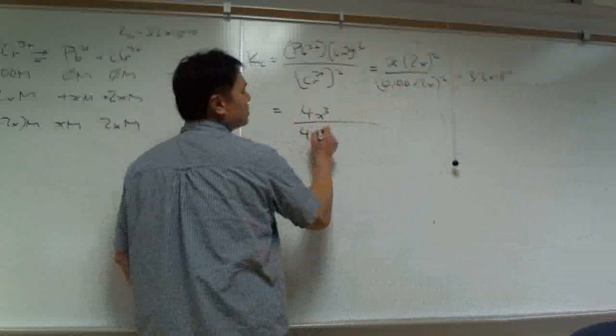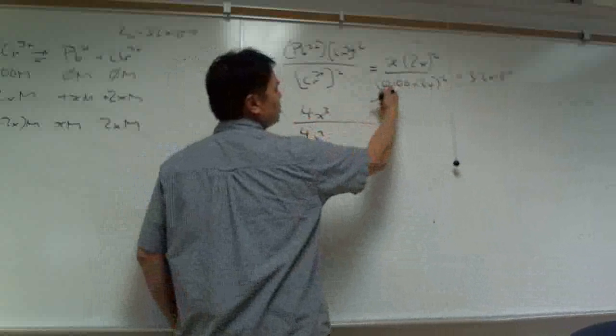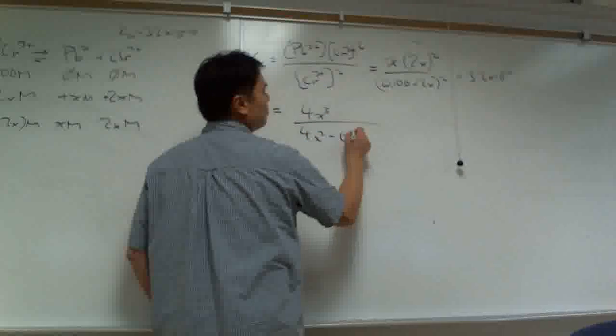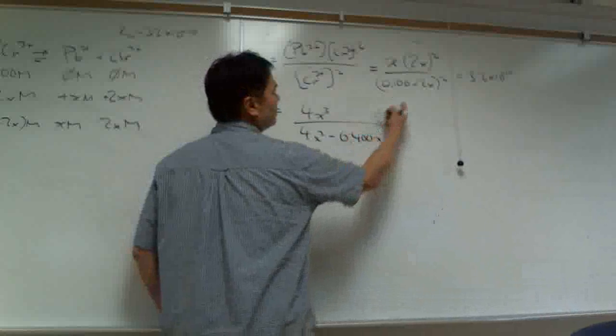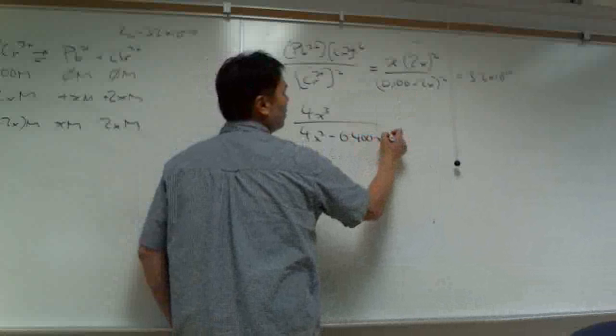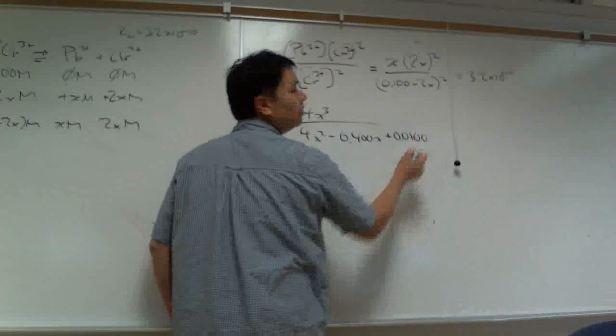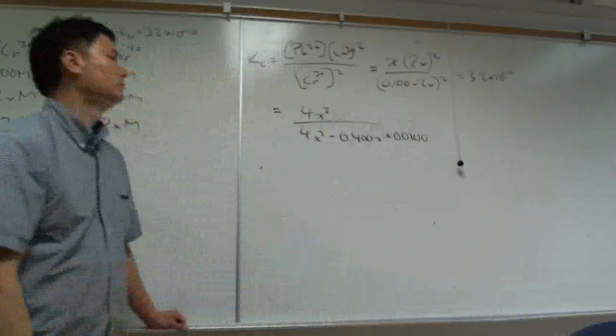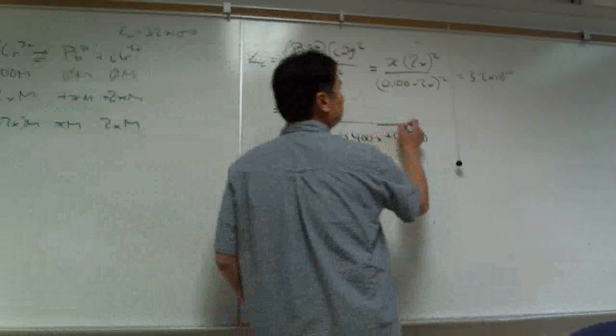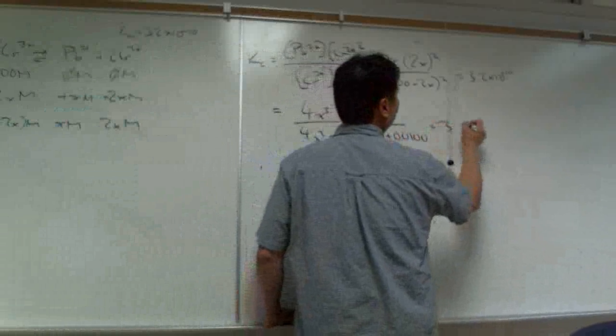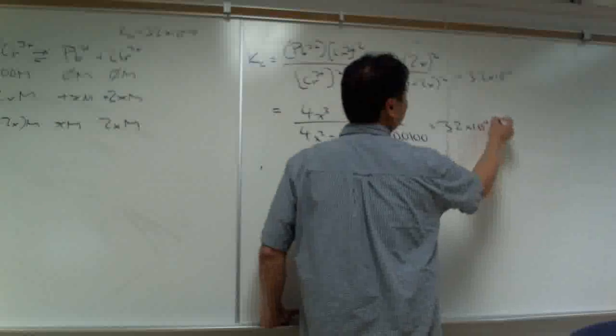We're going to get 4x squared minus 0.2 gives me minus 0.400x. And 0.1 times 0.1 will give me plus 0.0100. Correct? Equals 3.2 times 10 to the minus 10.